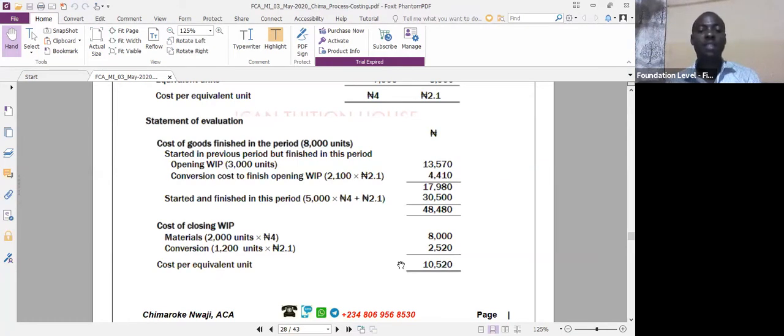Then the remaining 5,000 was started this period and ended this period. Then we now look at the work in progress. The work in progress will be like 2,000 material. It means that we started this period but could not finish it. And we are using 4 naira as the case may be, we determine it.